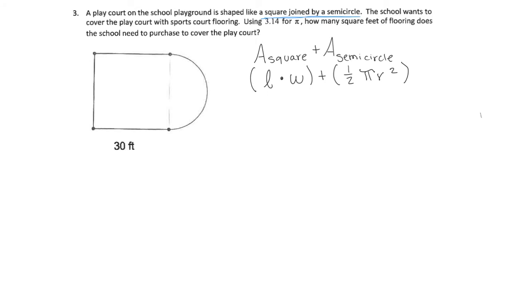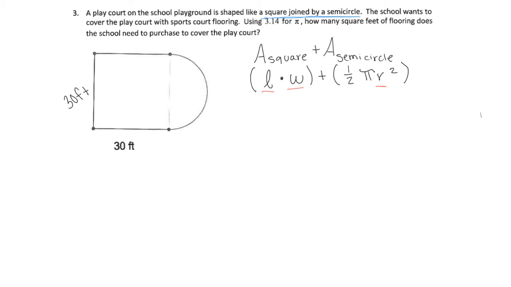The values that we need to figure out for a formula are going to be our length, our width, and then our radius of the semicircle. So here, given to me in the square, it gives us our length. And since it's a square, that means all sides are going to be equal. So our width is also going to be 30 feet as well.